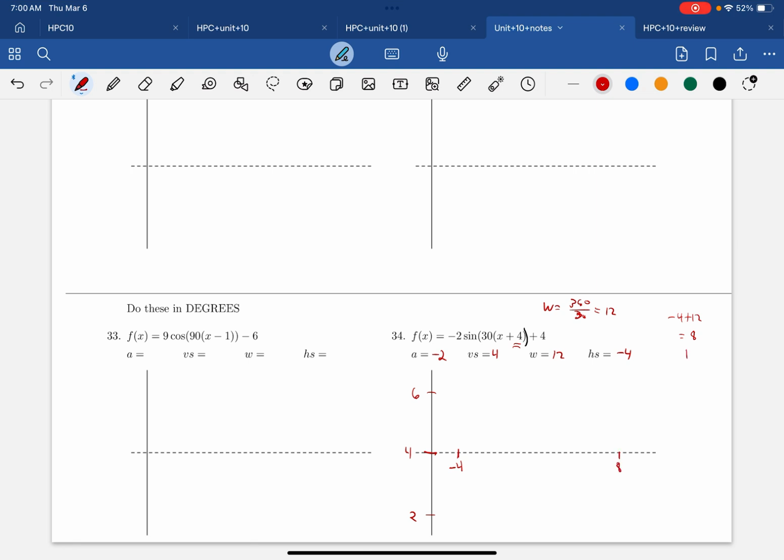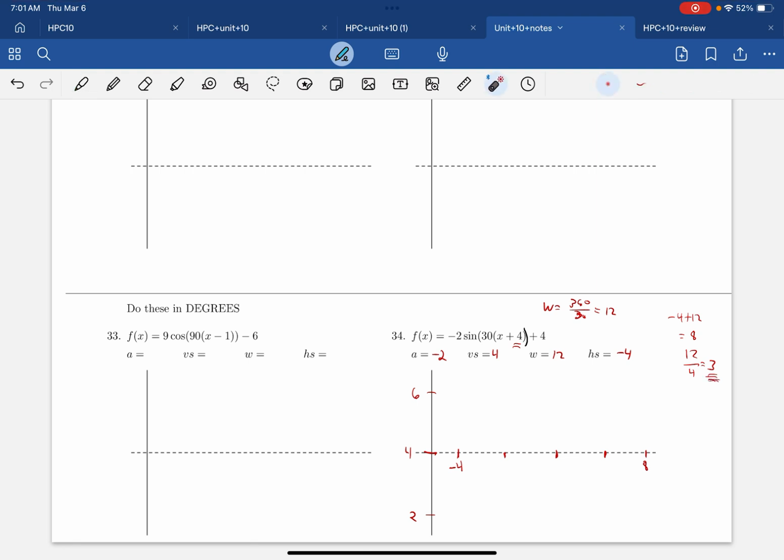Also, if the wavelength is 12, let's split it up into 4 pieces. That's 3. So each quarter is 3 units long. If I take -4 and add 3, that's -1. Let's get these evenly spaced. I'm going to space these a little more evenly now. So here, here, and here. Again, 3, right?